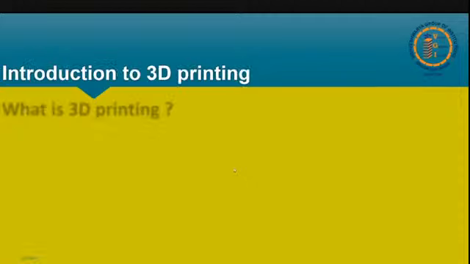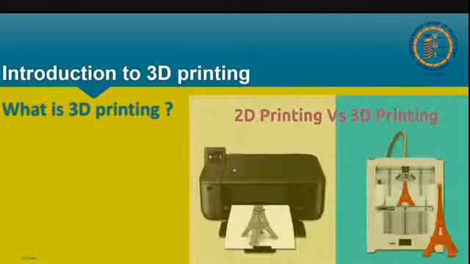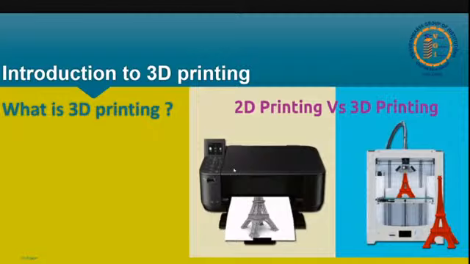So what is 3D printing? As I just told you, it's just like a printer. If you are printing an image on a piece of paper, that image has a very small thickness. If we lay the same thickness on top of each other many times, then you will get a 3D physical object.